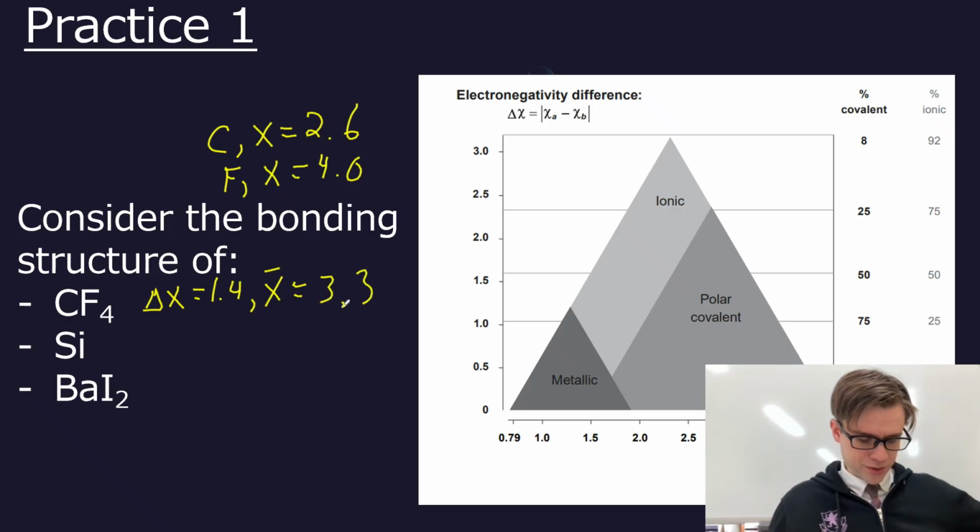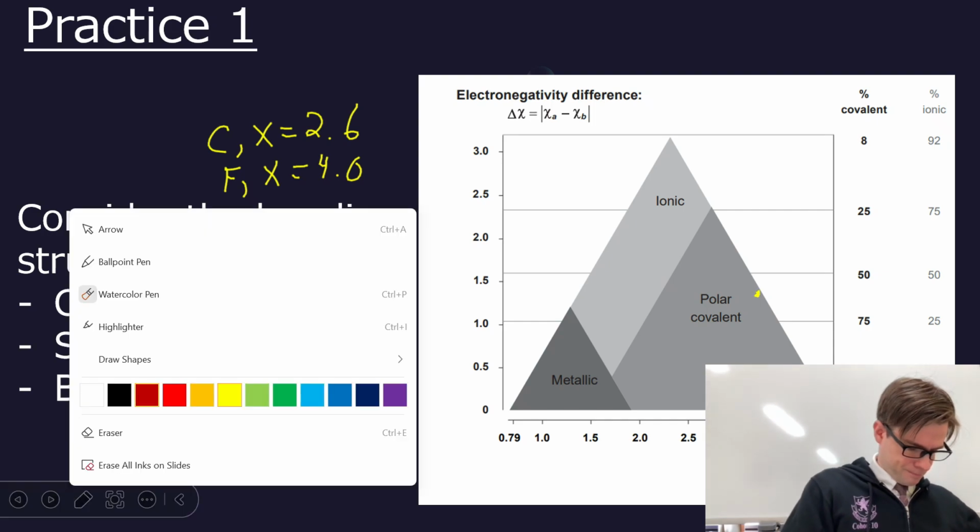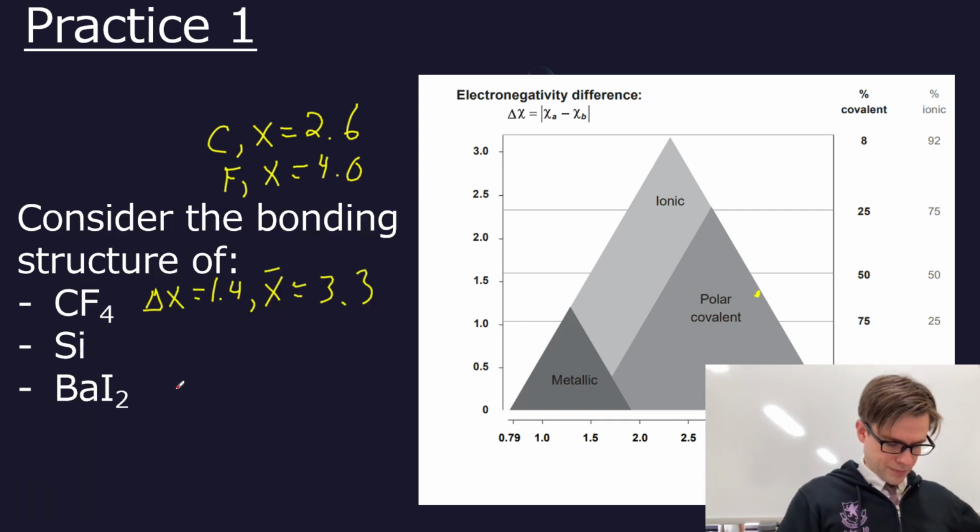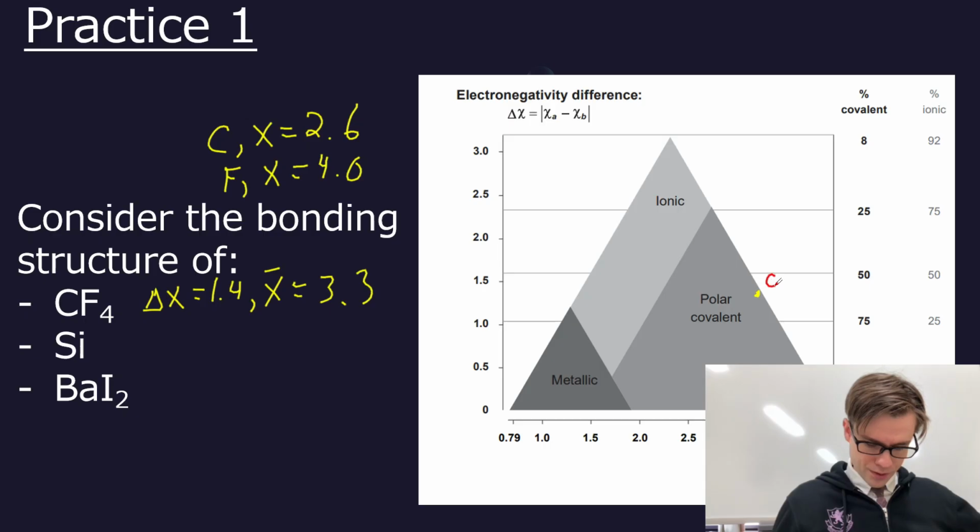So we just need to choose the correct axes, use these numbers as points, and find where we end up on the triangle. So I'm going to start with the x-axis first, x bar 3.3, and then delta x 1.4. It's going to put us right around here, almost on the edge. That's CF4.